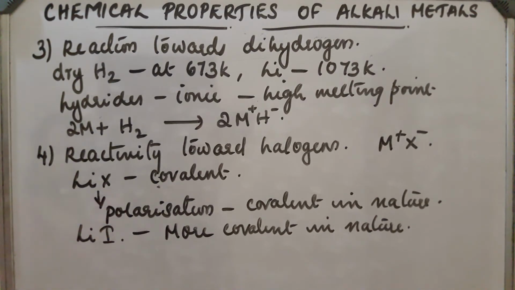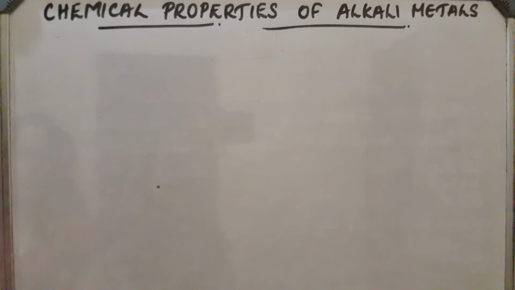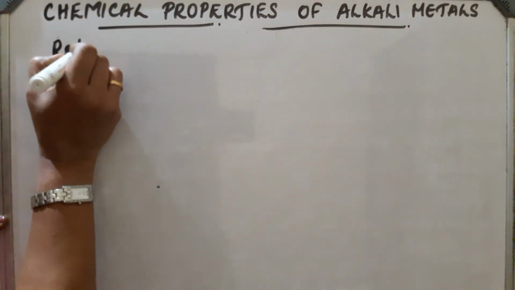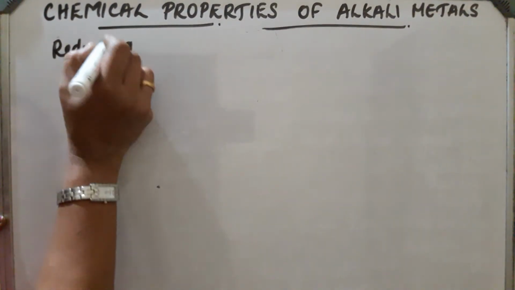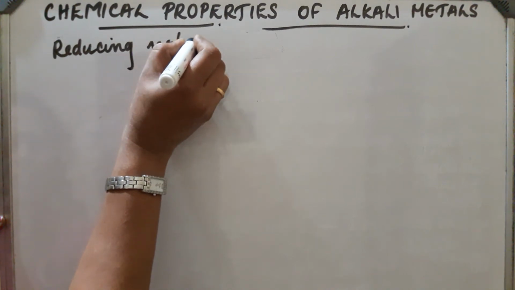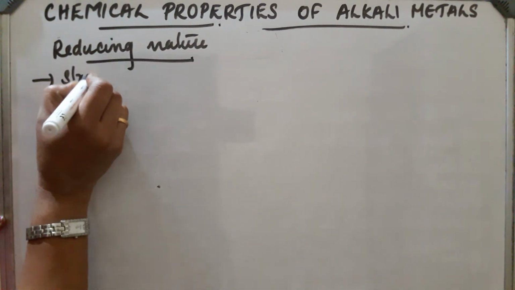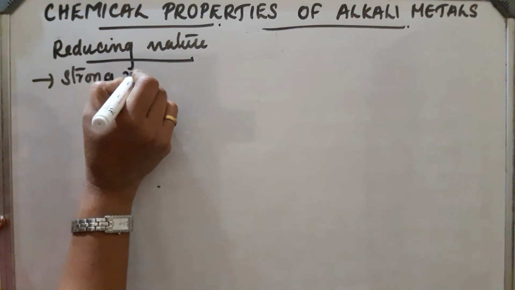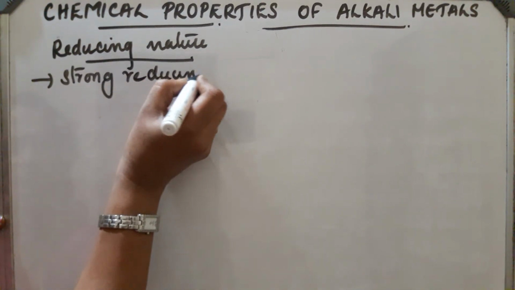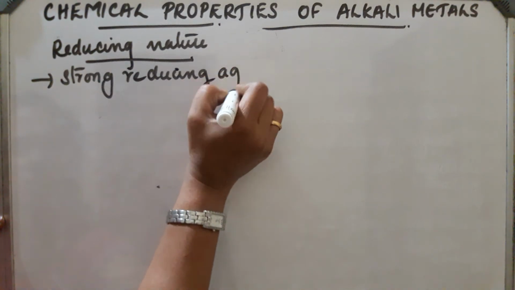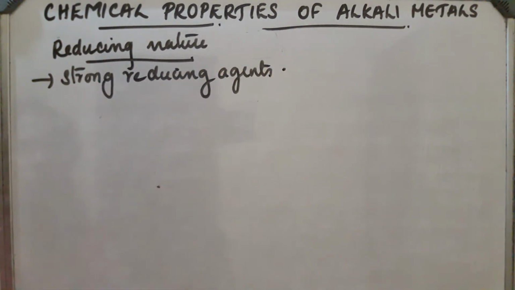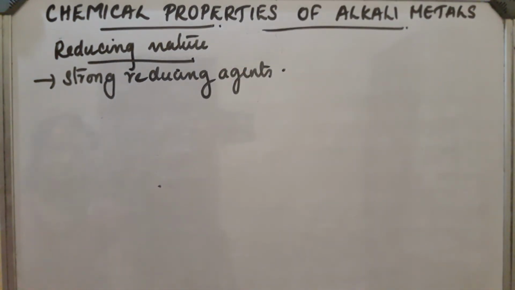Next, reducing nature of alkali metals. Alkali metals are strong reducing agents because of their larger size. They can easily lose electrons. Okay, their outermost electron can be easily liberated.